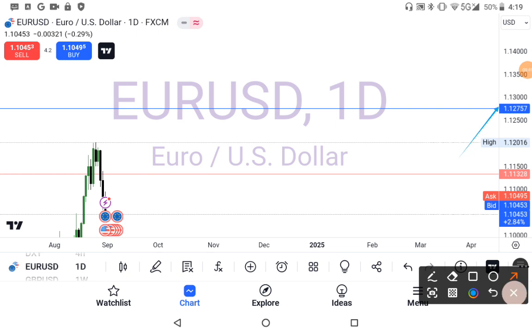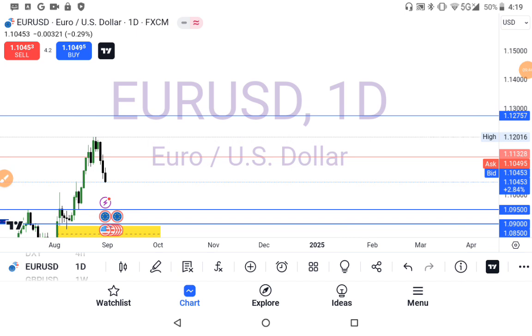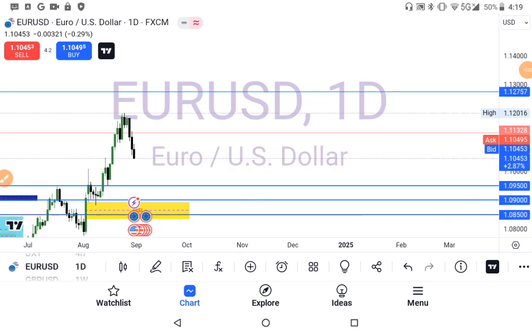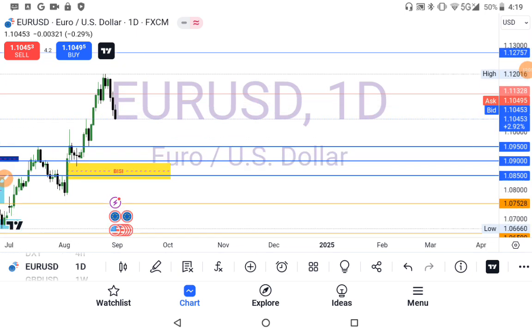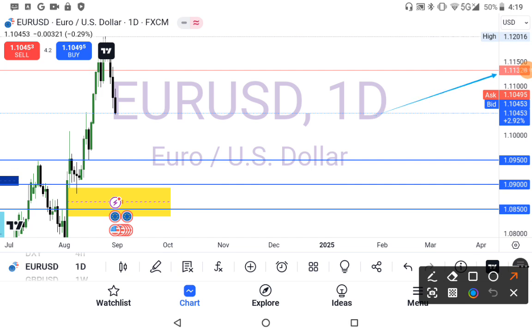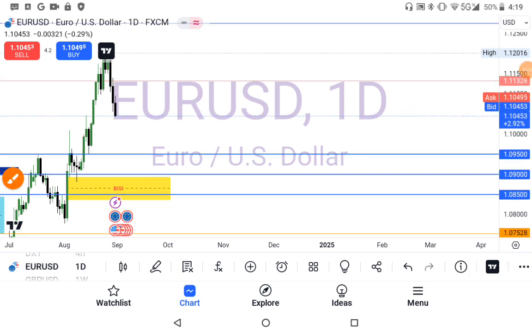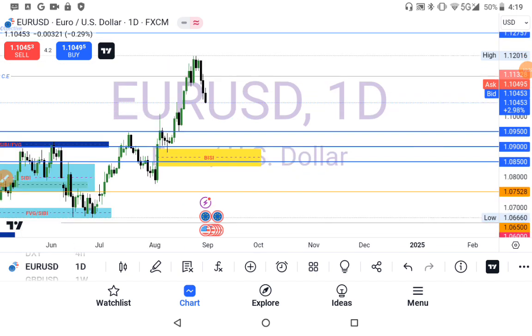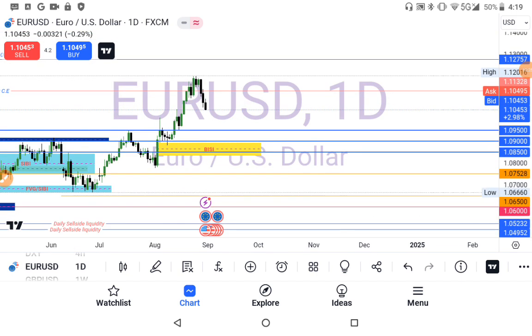But the level was not delivered, was not given to me. Then the price traded back into what I was expecting to be a support. So I was expecting 1.11328 to serve as a support, but that level was taken out.